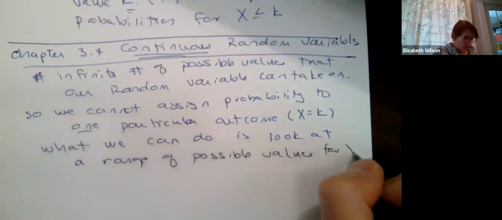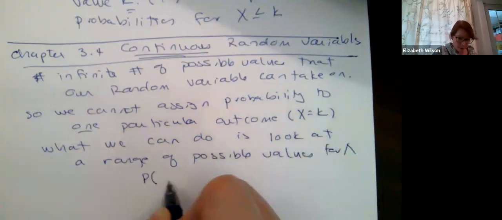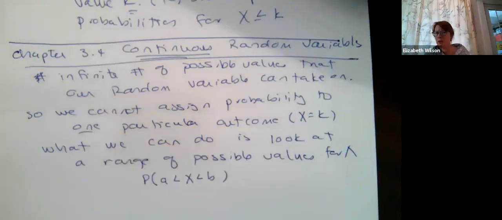So we're going to say, what's the probability that x is between two values, a and b? And we have some hypothesis about where x should be. Maybe we're going to zoom in and see, around this value where we think it might be, the probability that it might actually occur.